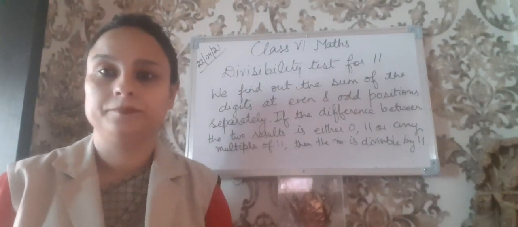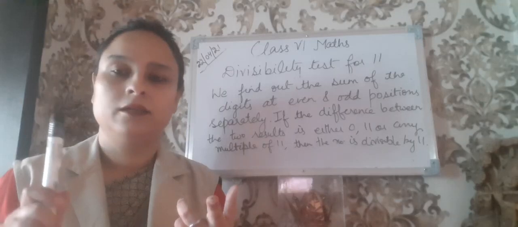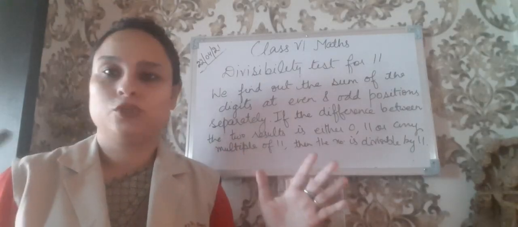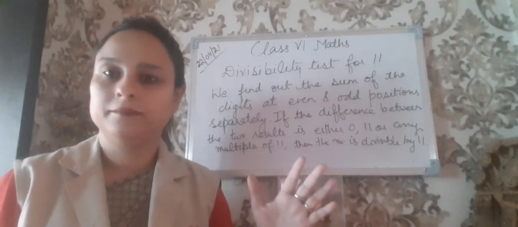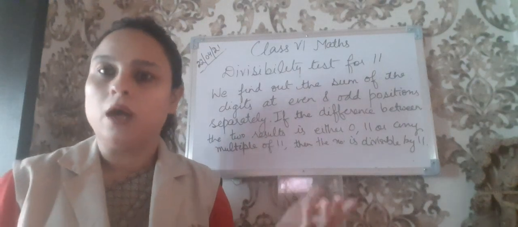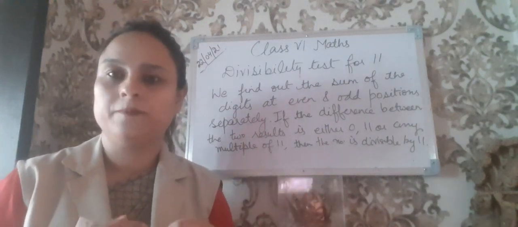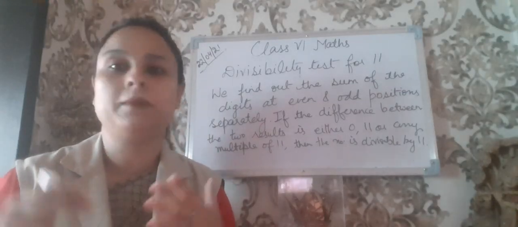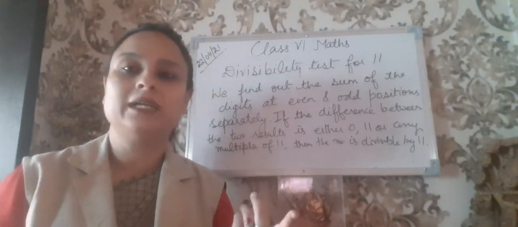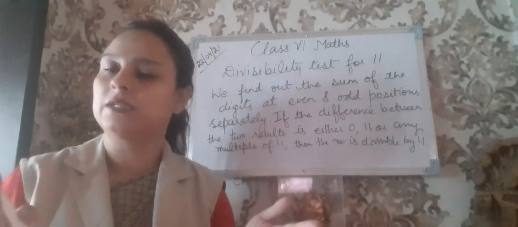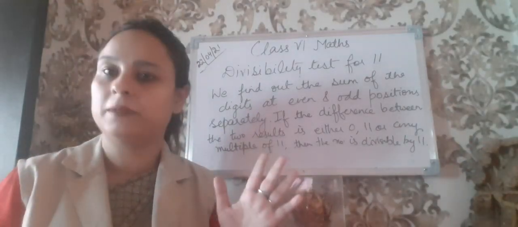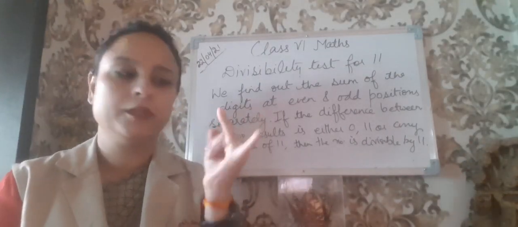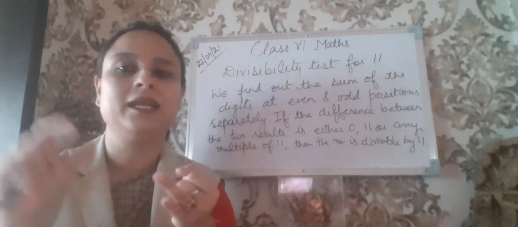Then what will I do? I will first check what the factors of 12 are. 4 and 3, it could be 2 and 6 also, okay, and it could be 4 and 3 also. So I'll first check if the number is divisible by 3. How do I do that? Sum of the digits, if it is divisible by 3, that means the number is divisible by 3. So 3 is confirmed. After that, what do we have to do for 4? We have to look at the last 2 digits.